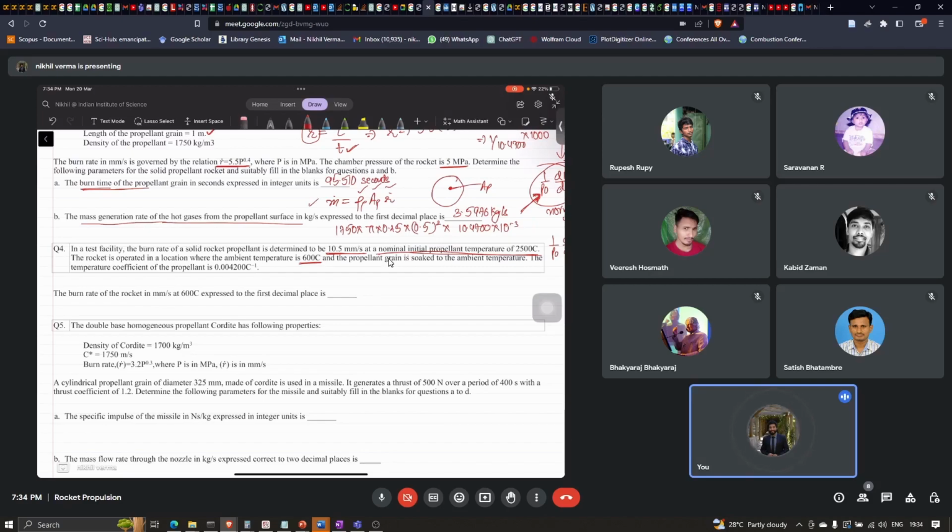The temperature coefficient of the propellant, alpha T, is given as 0.00420 per Celsius. So you have to find what is the burn rate at 600 degrees Celsius. Any ideas on how to go ahead?